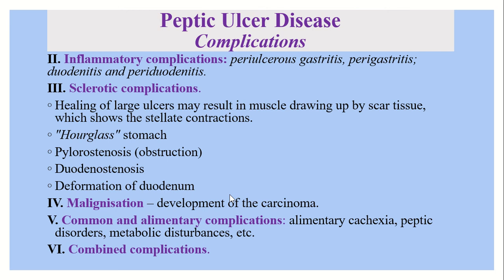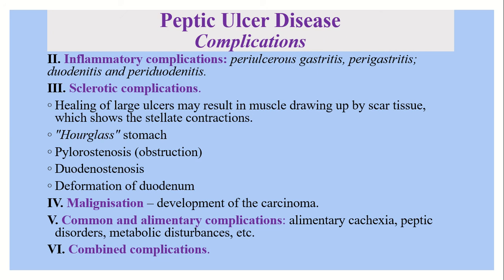The second group is the inflammatory complications, for example, the peri-ulcerous gastritis, the inflammation around the ulcers, perigastritis, duodenitis, and periduodenitis. And sclerotic complications.